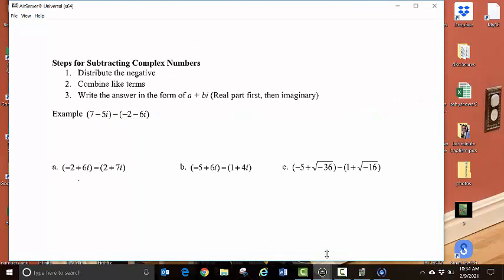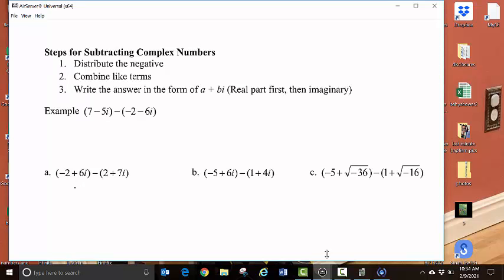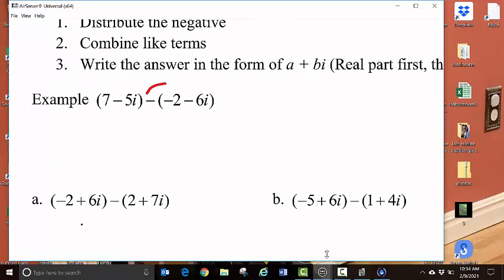All right, for subtracting, you do it the same way, but you distribute the negative first. So you always rewrite the problem. A negative times a negative will become a positive 2, and a negative times a 6i will become a positive 6i. So that's distribute the negative.